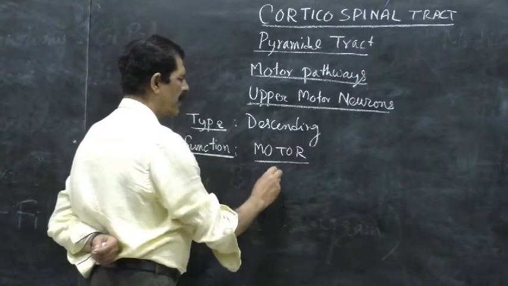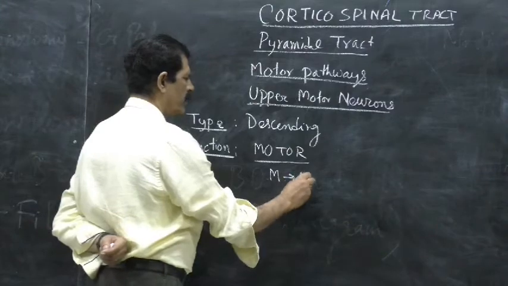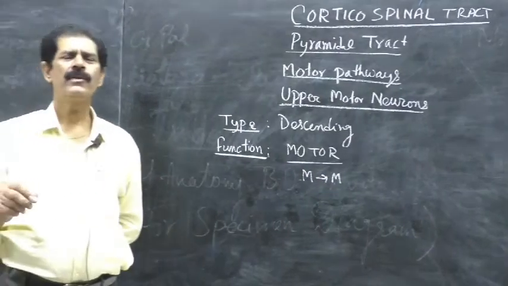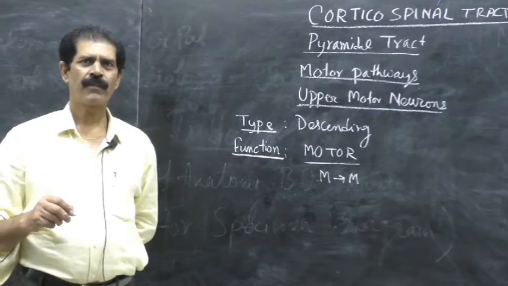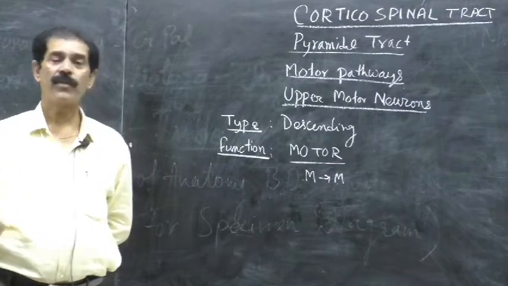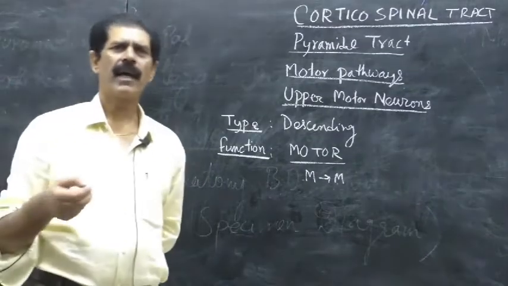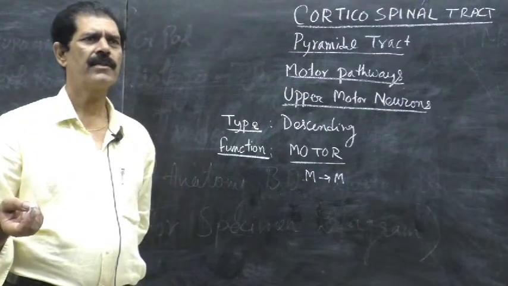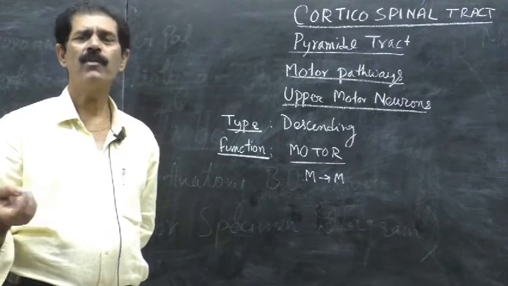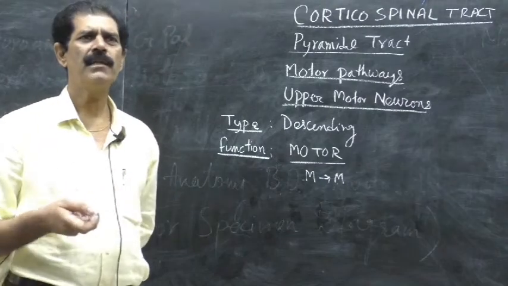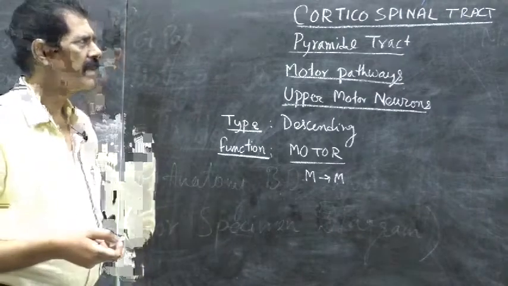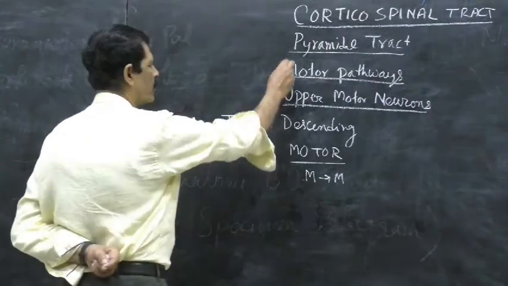M for M, these fibers will end into some muscles. And what is the property of the muscle? Contraction and relaxation. When the muscles contract, as they cross the joints, the joint moves. And when the joint moves, what do we say? The body is moving. That's why the word motor means related to the movement of the body parts. So that's why they are called the motor pathways.